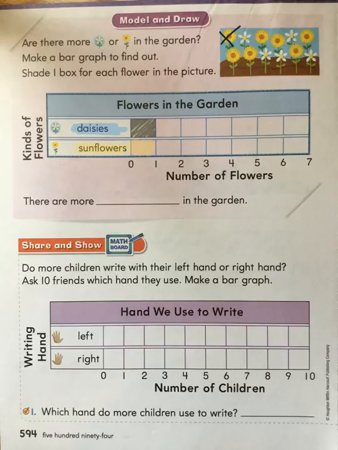Cross off daisy, color in the bar. And I'm going to continue doing this till I'm done. Sunflower, sunflower, daisy.